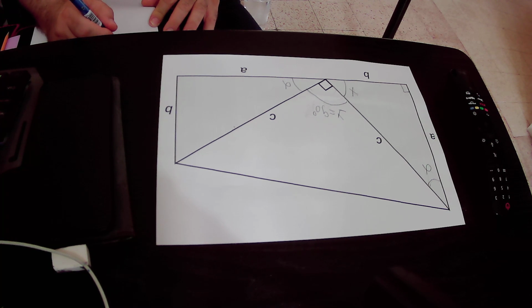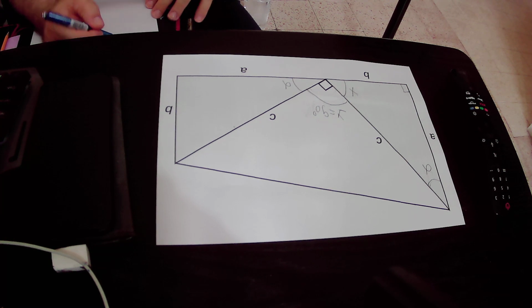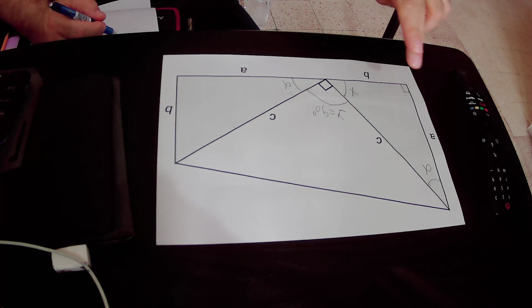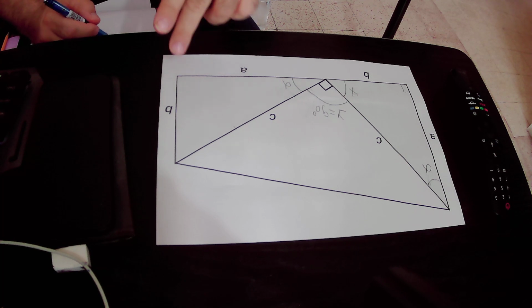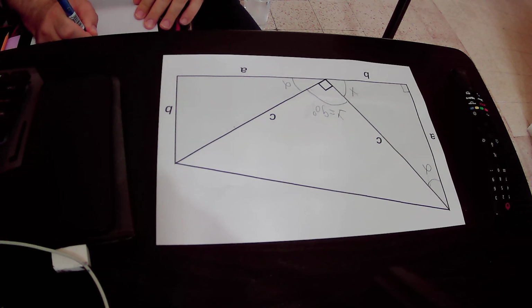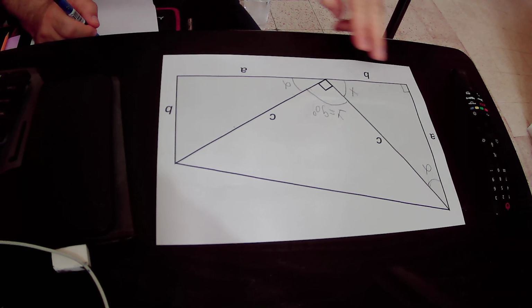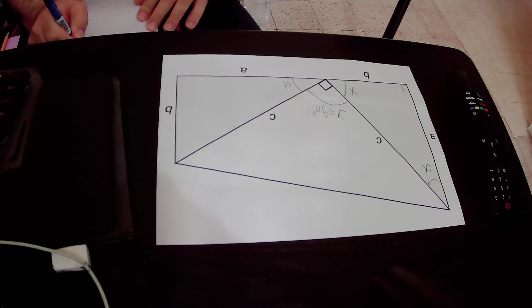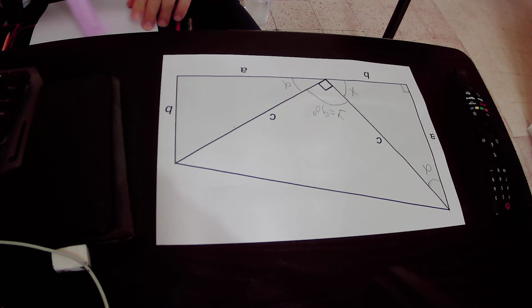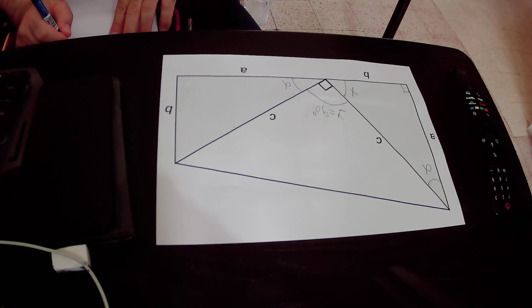We can call the area of the trapeze S. So S is equal to the sum of the parallel sides, that is A plus B, times the height of the trapeze, that is also A plus B, and we divide all by 2.